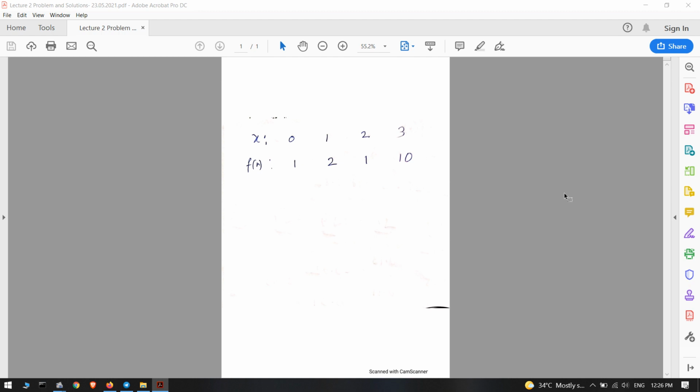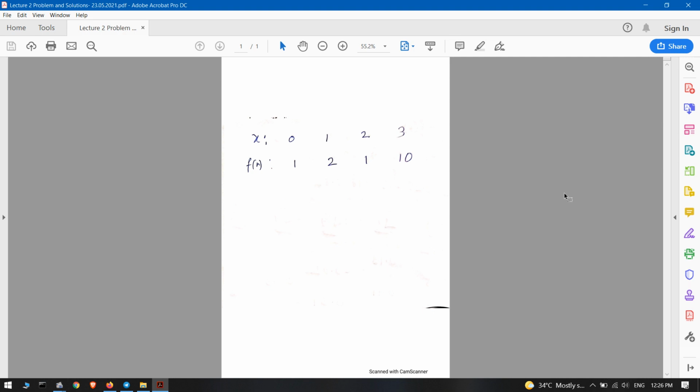Already you have derived that expression. What will be that? f of x will be f of 0 plus p into del f0, plus p into p minus 1 by factorial 2 into del square f0, plus p into p minus 1 into p minus 2 by factorial 3 into del cube f0.